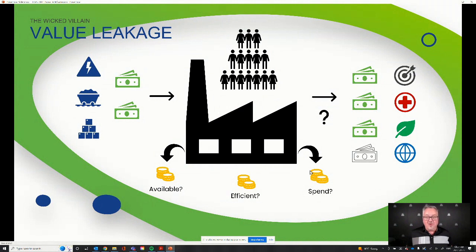So financial value in terms of earnings. We've got customer service. We've got safety. We've got environmental. We've got our reputation and our services to the global community, our local and/or global community. But look, there's a bunch of value leakage that happens along the way. Our plants aren't always producing, even when they should be. So we've got some availability and some production leakage.